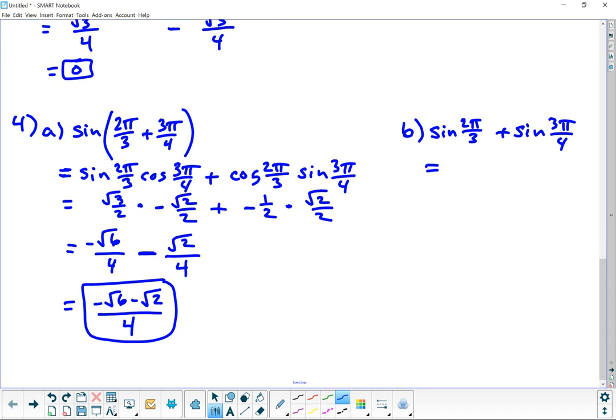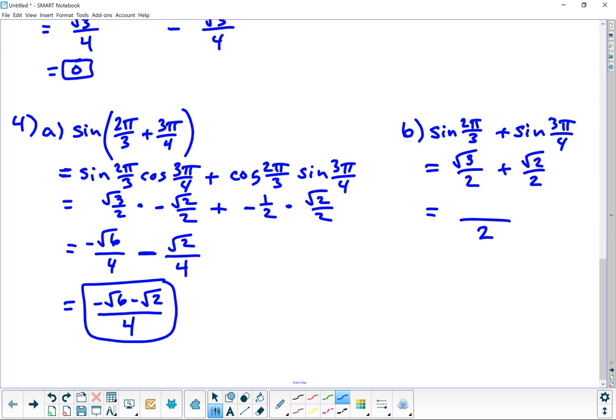If you do it this way, as according to part B, sine of 2 pi over 3 is radical 3 over 2 plus sine of 3 pi over 4 is radical 2 over 2. And if you want to put them together, since the bottoms are both 2, you will get a 2 at the bottom.